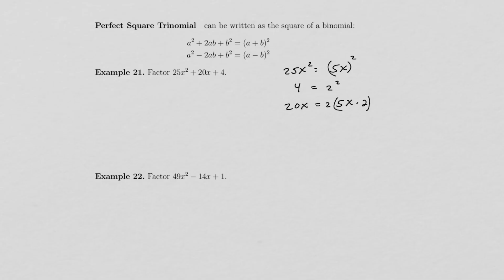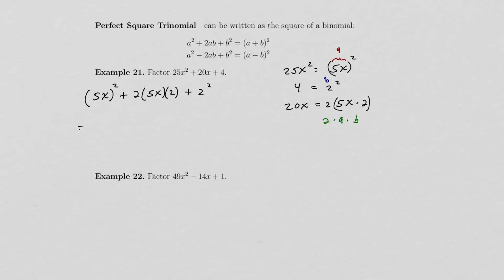Again, I think sometimes this is hard to recognize, but in this case, the A is our 5x, the B is our 2, and this term is like 2 times A times B. So really the 20x has that form, 2 times A times B. So this original expression I could write as 5x squared plus 2 times A times B plus B squared.